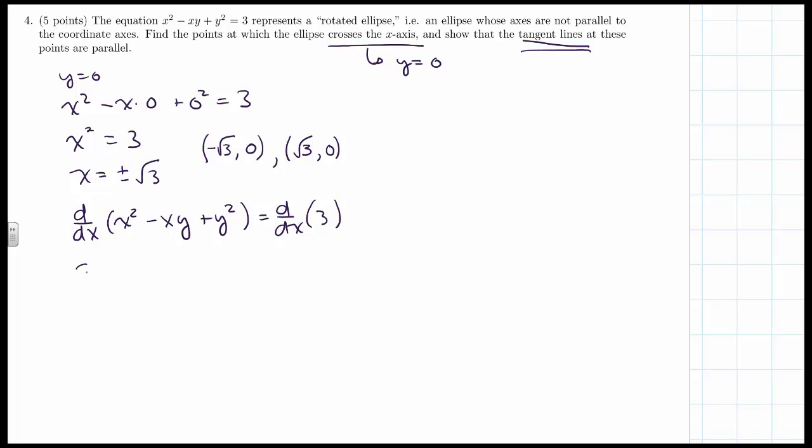Derivative of x squared is 2x, and I'll think of this as negative first times the derivative of the second plus the second times the derivative of the first, and then 2y is equal to 0. Oops, forgot the chain rule there. 2y times dy dx is equal to 0.